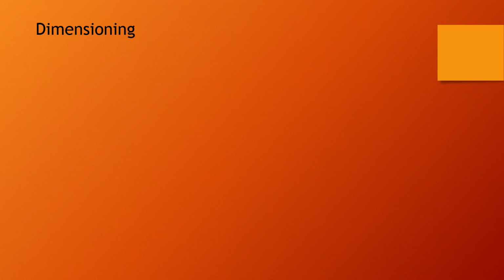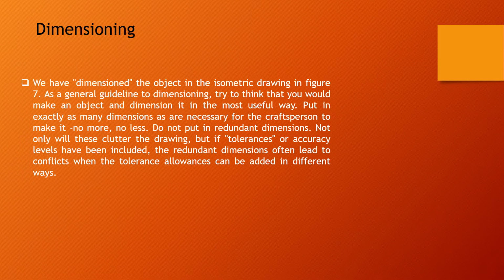Okay, dimensioning. We have dimensioned the object in the isometric drawing in figure 7, which I will show you. As a general guideline to dimensioning, try to think how you would make the object and dimension it in the most useful way. Put in exactly as many dimensions as are necessary for the craftsman to make it, no more, no less.